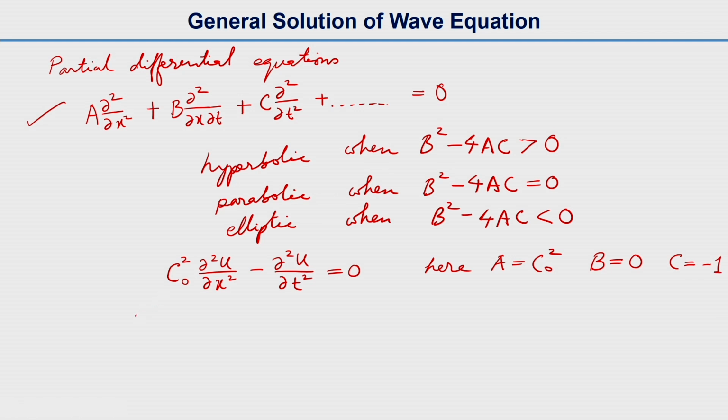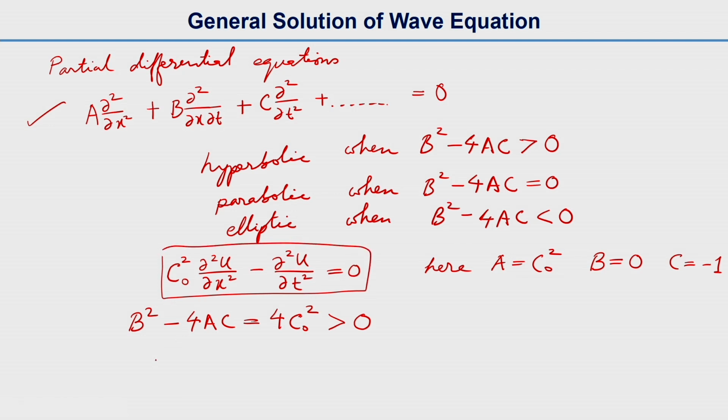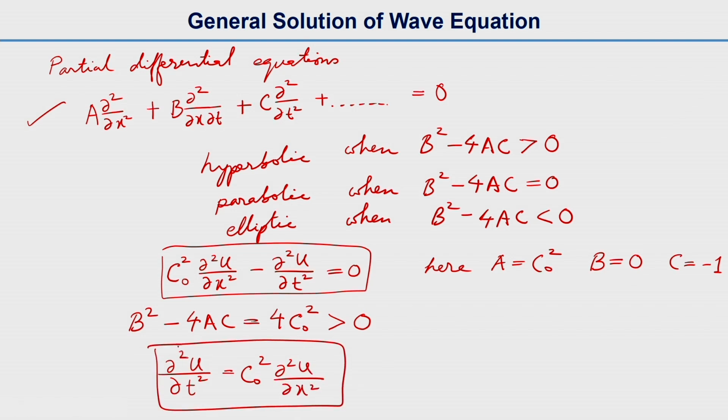Obviously, b square minus 4ac is equal to 4 c naught square, because c naught is the wave velocity, and its square should be positive. That means this equation is hyperbolic.